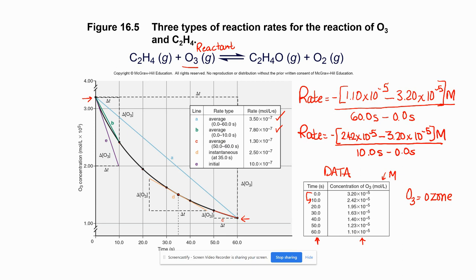Okay, all right. Now, there's this one here, point D, which is what's called the instantaneous rate. The instantaneous rate will be the rate exactly at the time that we're specifying, which in this case was 35 seconds. Now that's a little bit different, right? Let's say you're traveling in your car. You have an average speed that you travel from, let's say, your home to Mesa or Mesa back to your house.